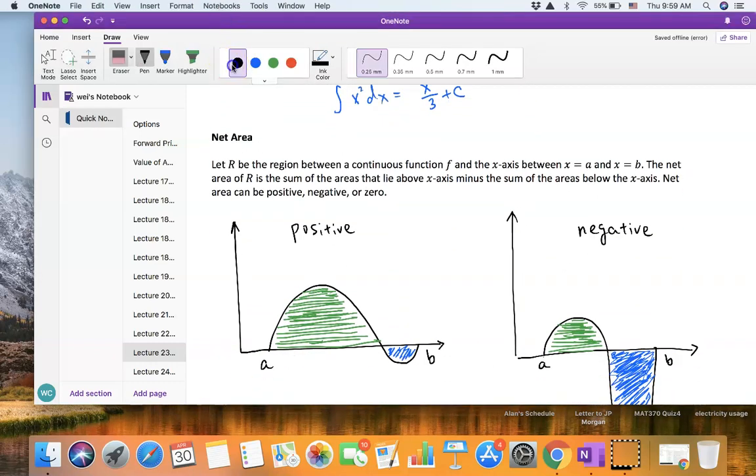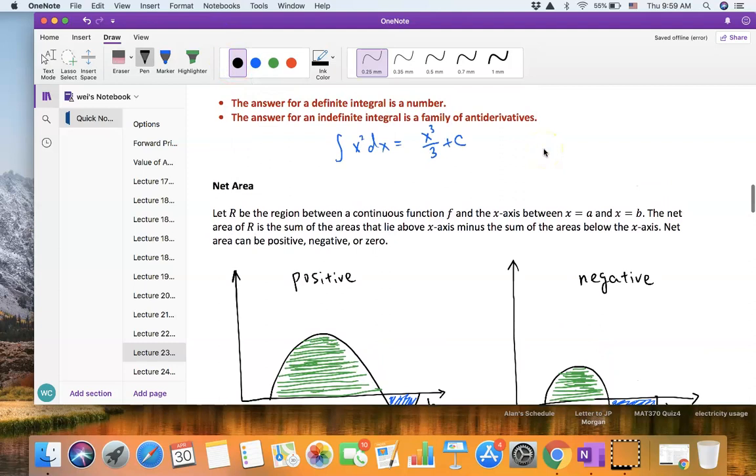Because we know when we are constructing the rectangles, we said the height of a rectangle is given by the function value of a point in the subinterval. Suppose right now we have a rectangle that looks like this.